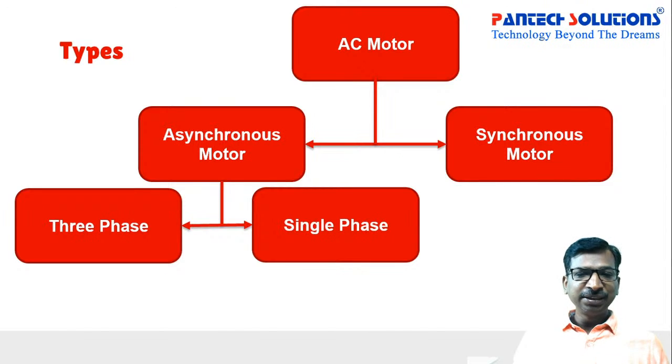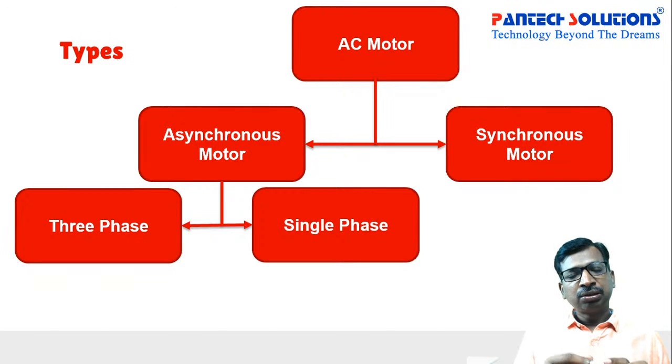In the single phase machine, to provide a different voltage, we can use a capacitor to split the phase from A phase to B phase, so that it gives a resultant flux on the stator side.